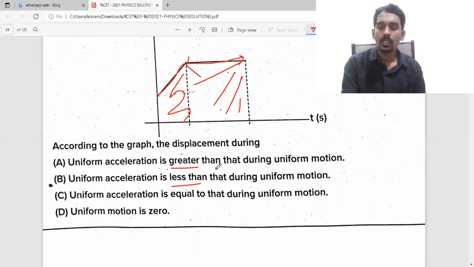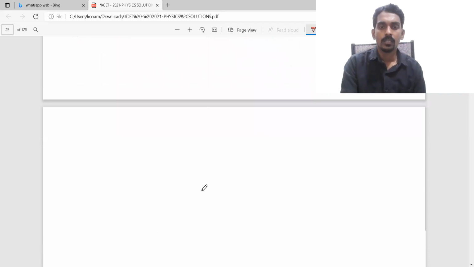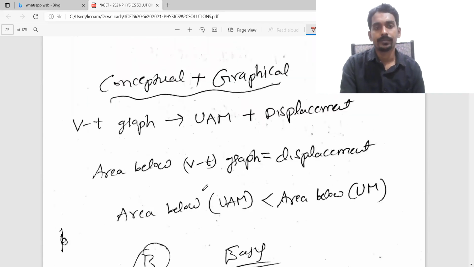From the VT graph, you can find the displacement from the area, so you can conclude that the displacement during uniform acceleration is less than that during uniform motion. Uniform motion means what? Constant velocity.